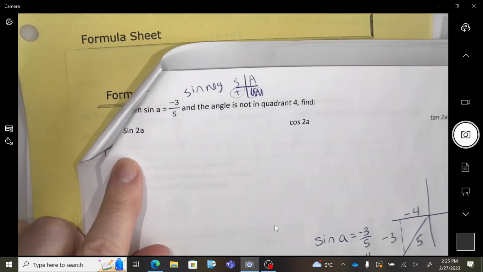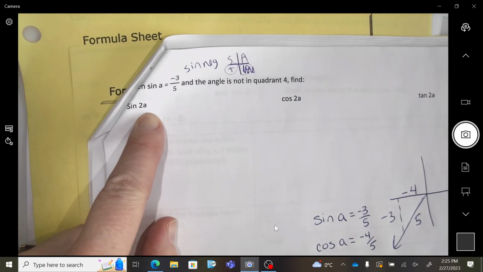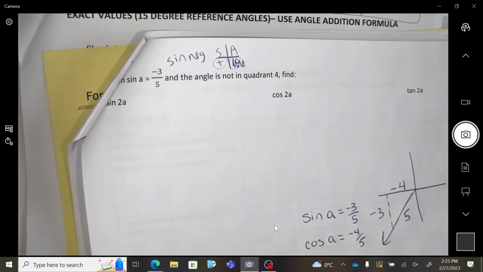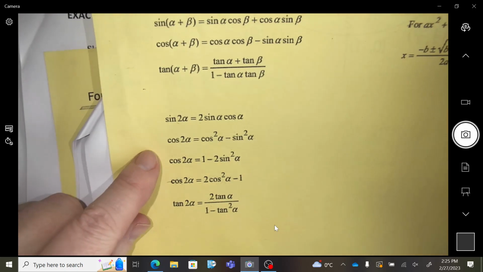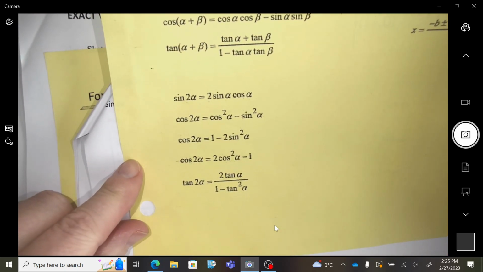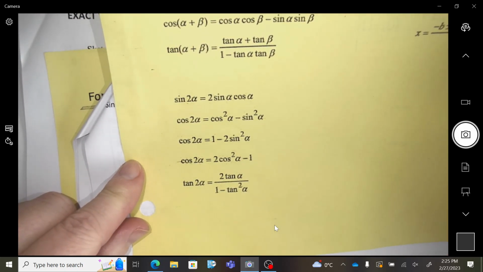Okay, so now, what is the sine of the double angle? Find me a formula that says the sine of a doubled angle.